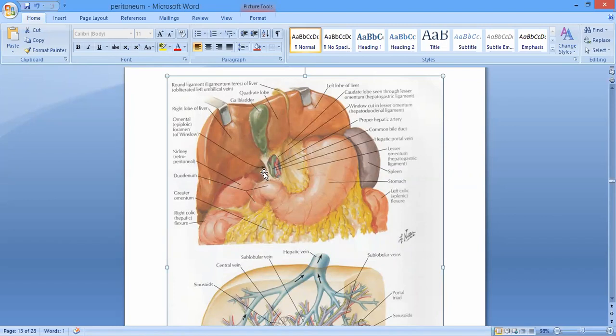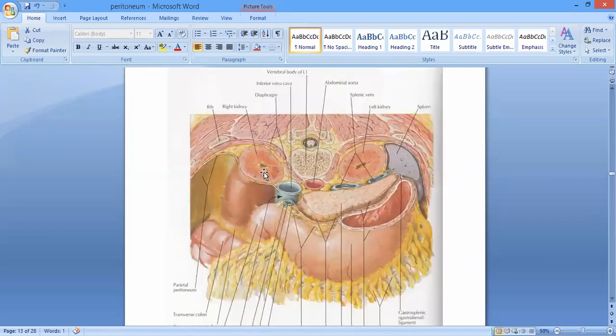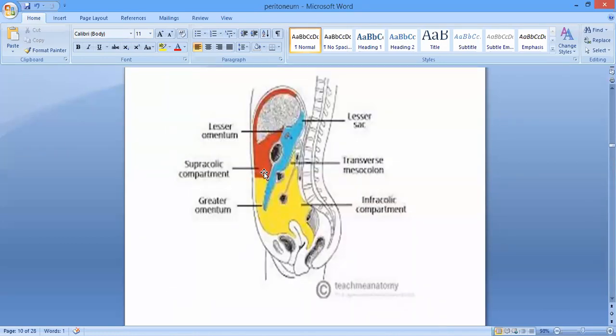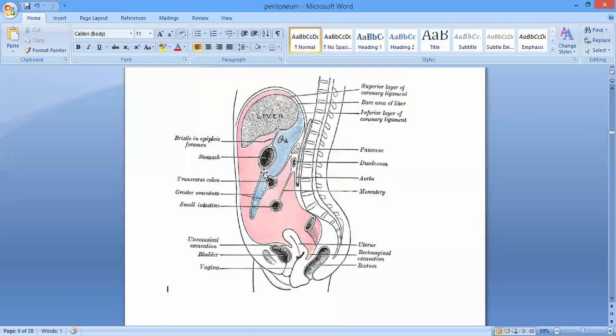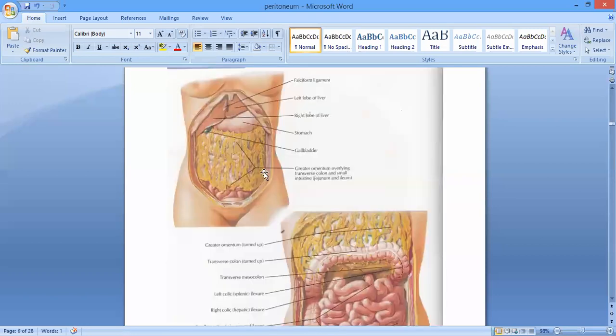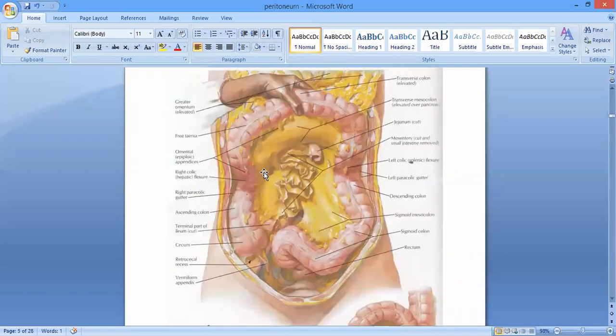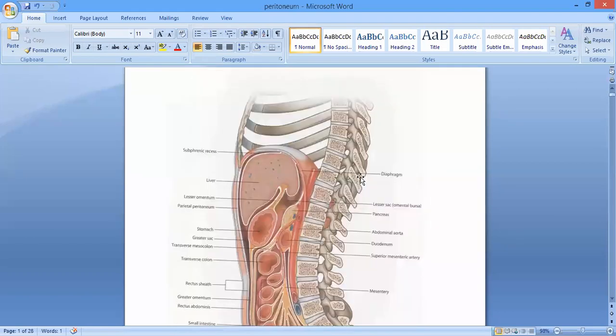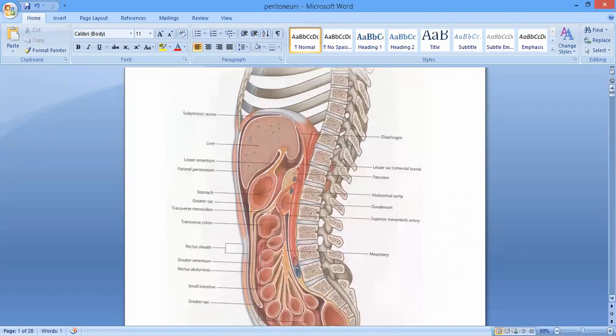Okay. Now there are certain terminologies when we were talking about the organs. So we use a term intraperitoneal, retroperitoneal, partially covered with the peritoneum, subperitoneum, right? Okay, so you can see the term intraperitoneum.